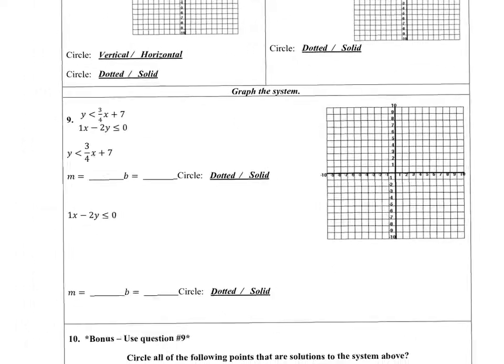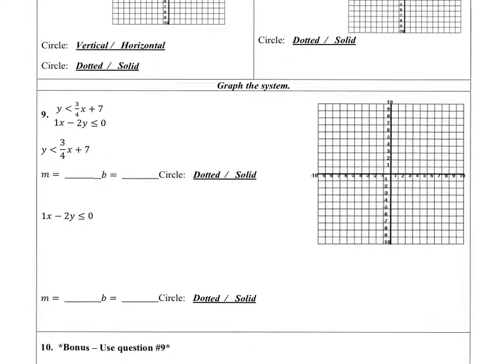Got number 9. We want to graph this system, so you have to do some shading here. It's like a shady kind of thing. All right, so you have 3 lines here. This is in slope-intercept, this is in slope-intercept, this one is not. So you need to move that over.